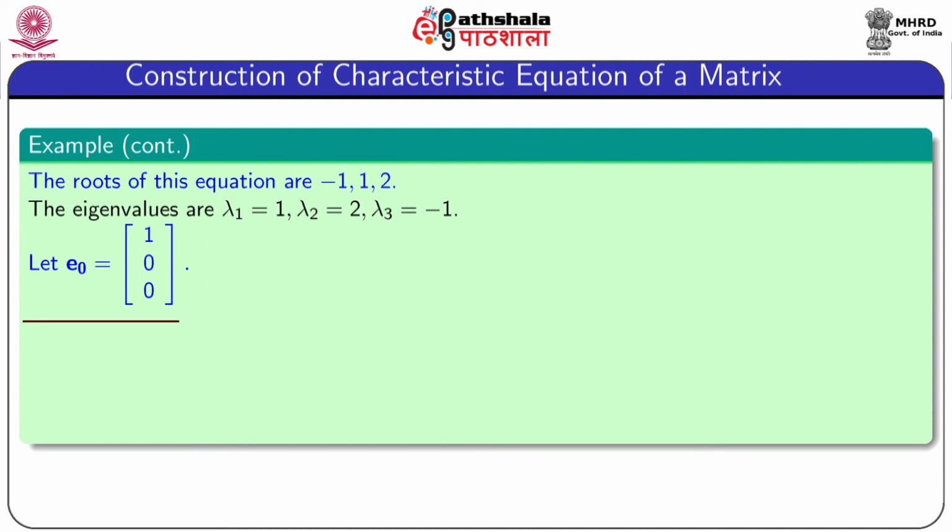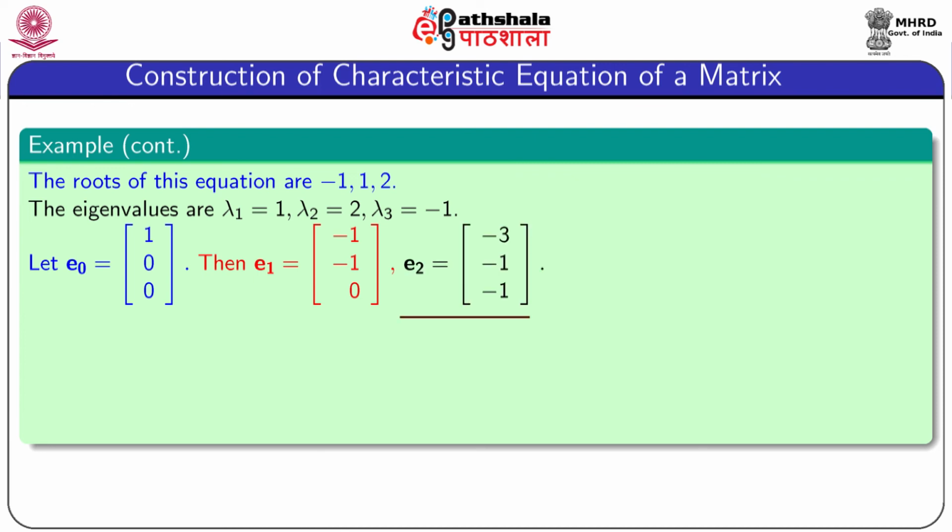Let E0 equal 1, 0, 0. It may be taken as 0, 1, 0, or it may be taken as 0, 0, 1. For this problem, we assume that E0 equals 1, 0, 0, the first unit vector. Then E1 equals minus 1, minus 1, 0. This is the first column of the matrix D1.